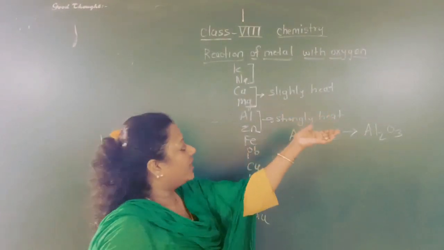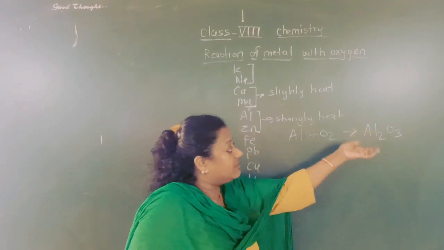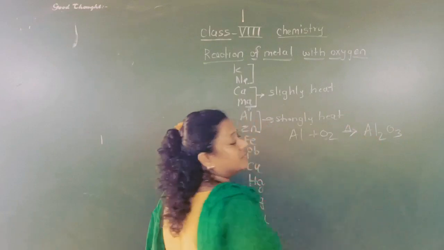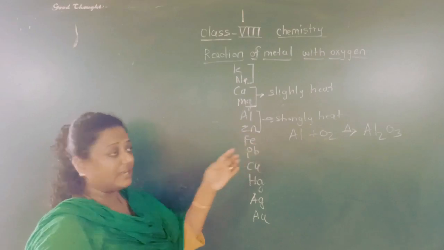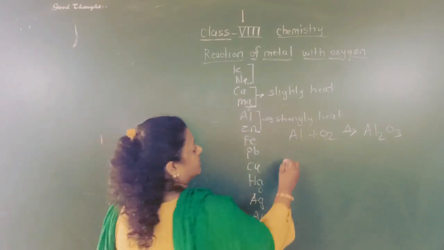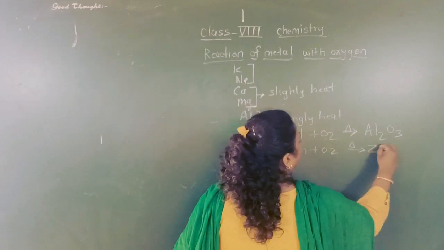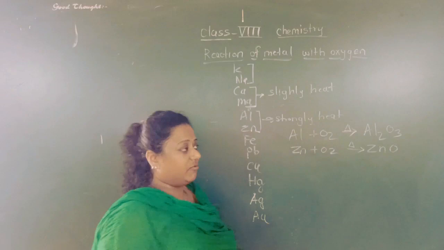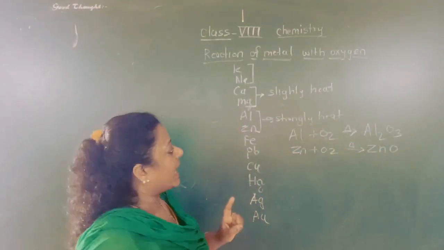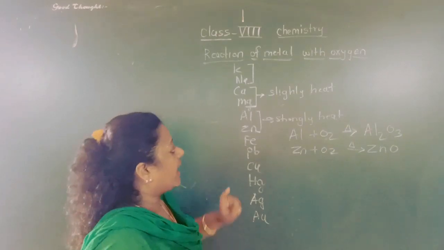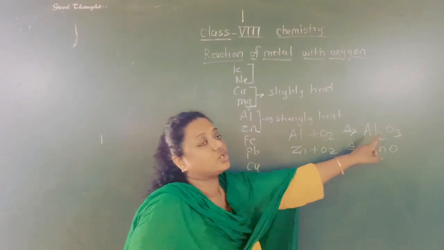When we provide an extra amount of heat in the presence of oxygen, we get aluminium oxide. If we talk about zinc, then zinc plus O2, when we provide heat, forms ZnO. Why have I written aluminium 2? Because aluminium has valency 3, and oxygen has valency 2. So to balance it, I have written Al2O3.